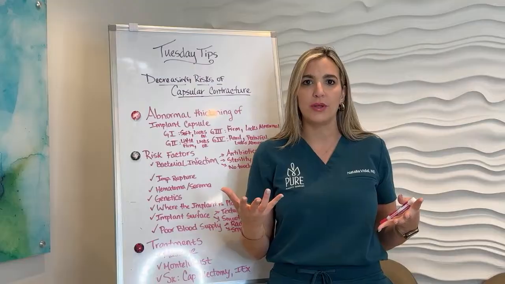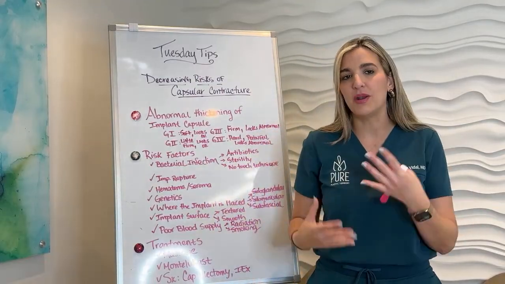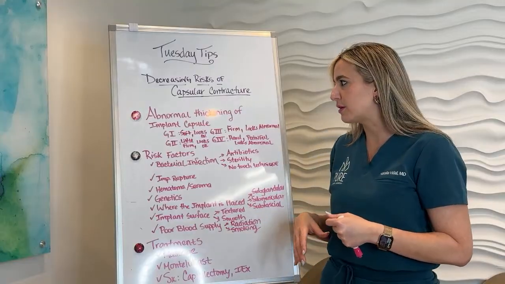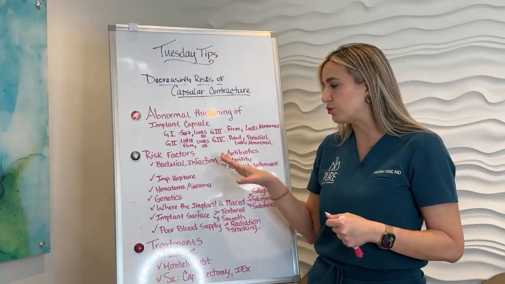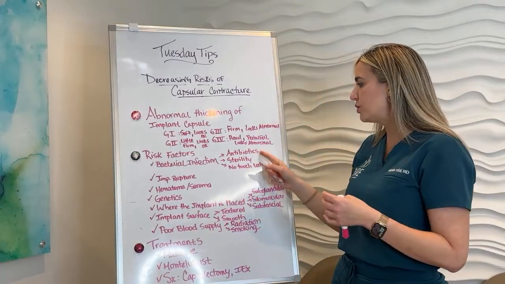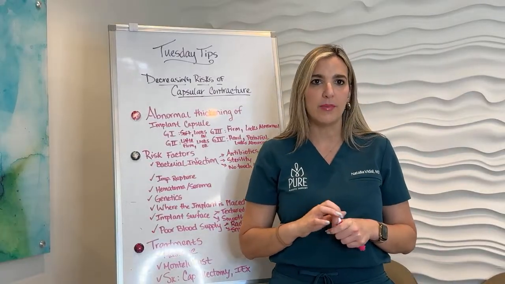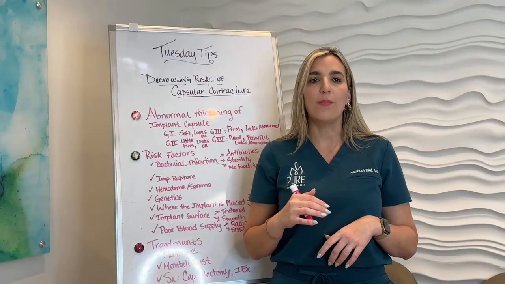There's always some amount of bacterial contamination that is microscopic and not enough to cause an infection, but it could potentially increase the risk of capsular contracture. Also sterility-wise, there are a lot of things that we do here at Pure to minimize bacterial contamination in the operating room.